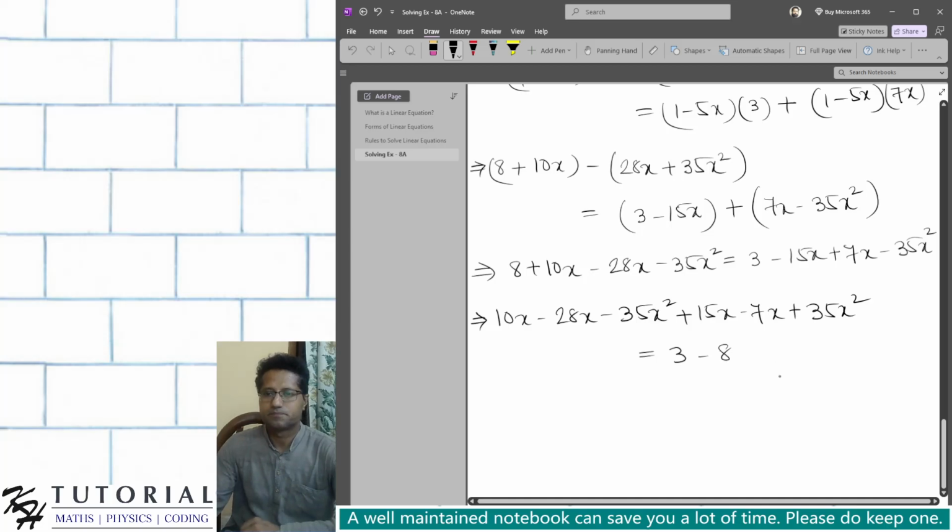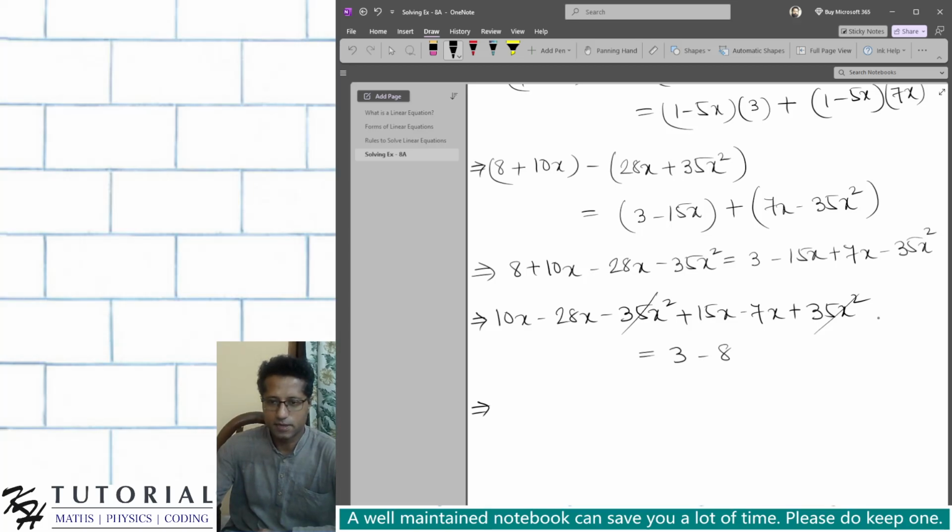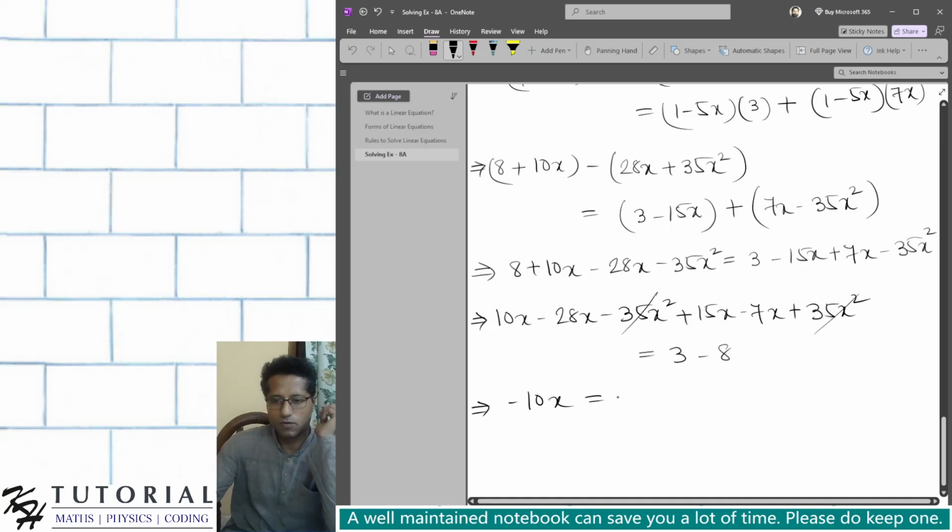minus 8. Okay. Now on the LHS we see minus 35x square and 35x square cancel out, and if you add up the like terms, that is 10x minus 28x plus 15x minus 7x, it becomes 10x minus 7x is 3x, 3x plus 15x is 18x, and minus 28x plus 18x is minus 10x, equals 3 minus 8 is minus 5.